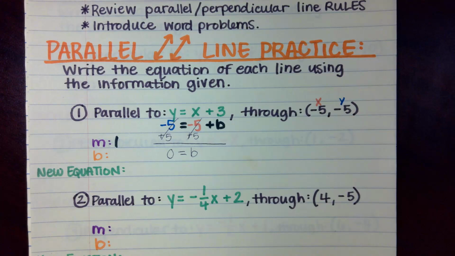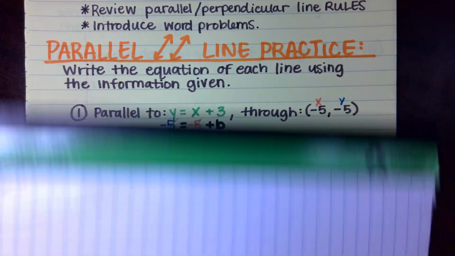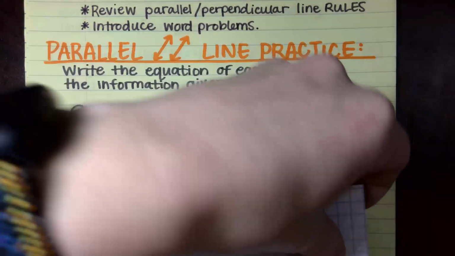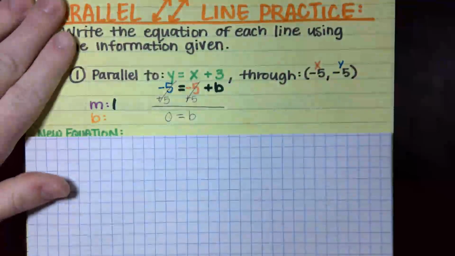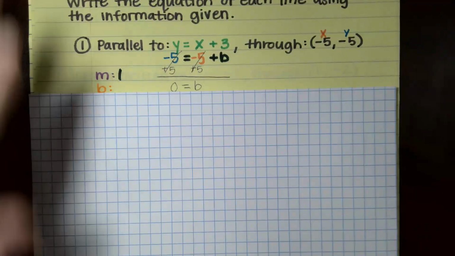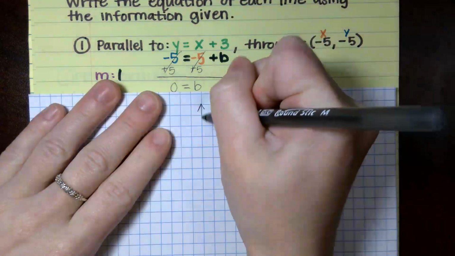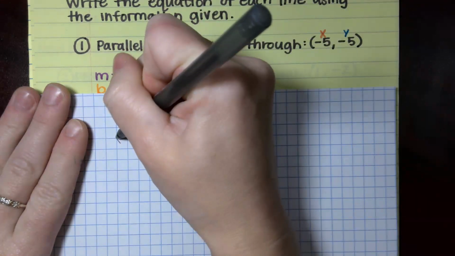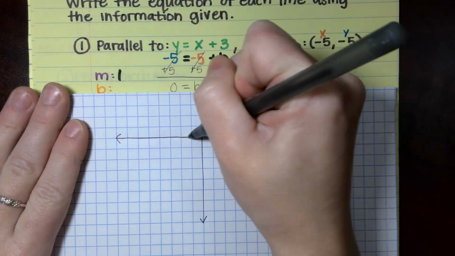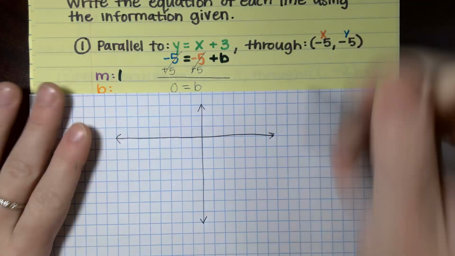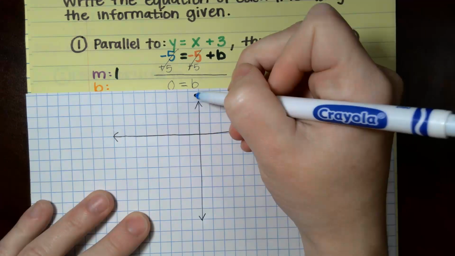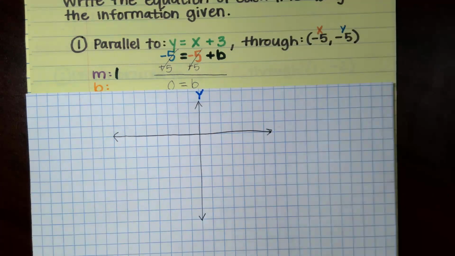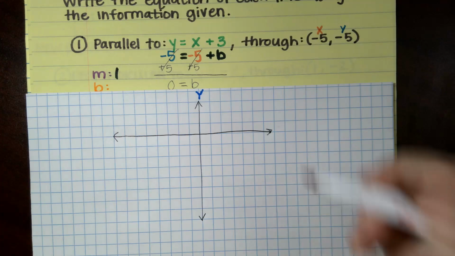If we ever have this, I'll show you what this one looks like on a graph. So here is our X and Y axis. Sorry, that's not very pretty.